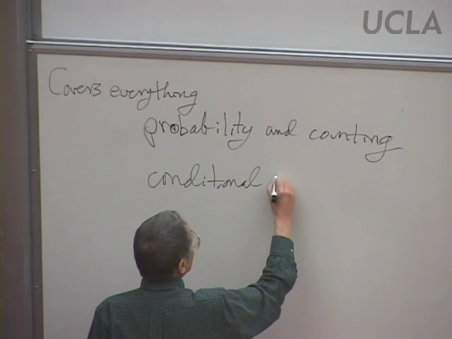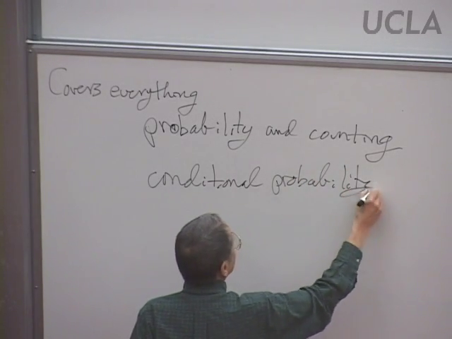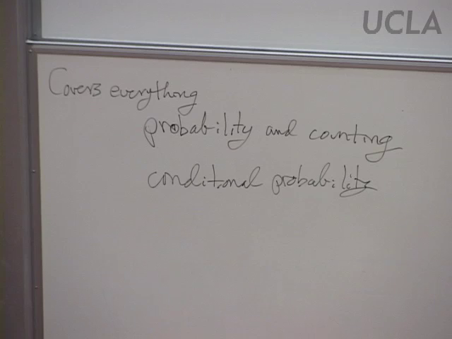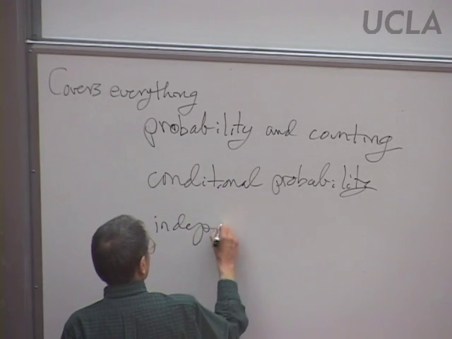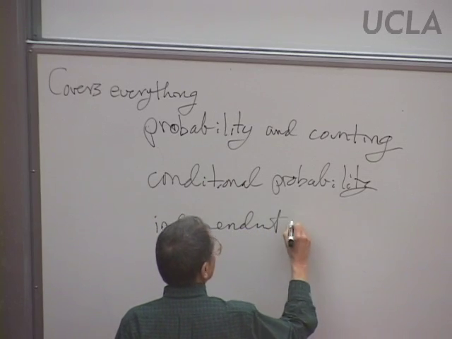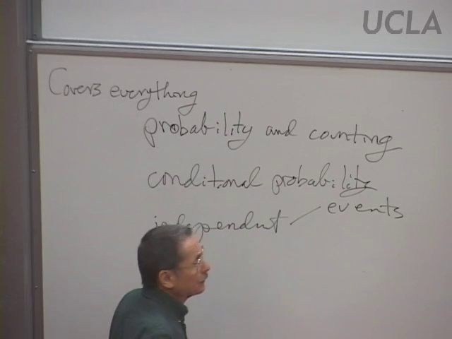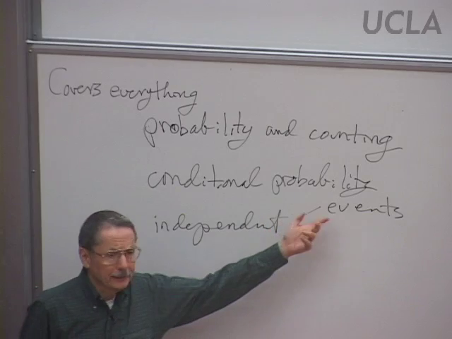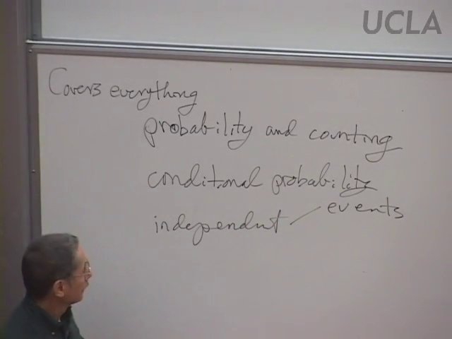Remember conditional probabilities. Given that one event occurs, then what? And independence. First came up in connection with independent events, where being given an event perhaps did not affect one's view of another event.